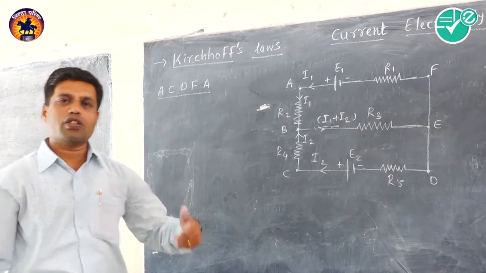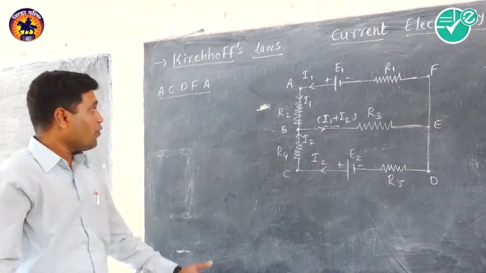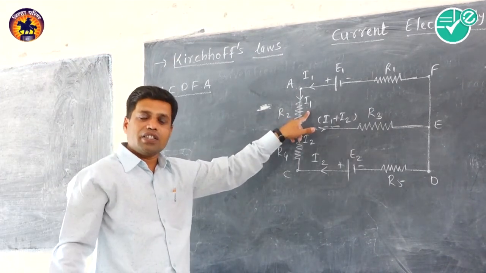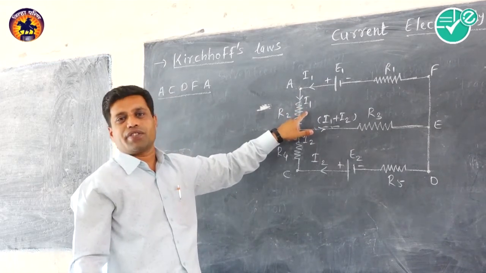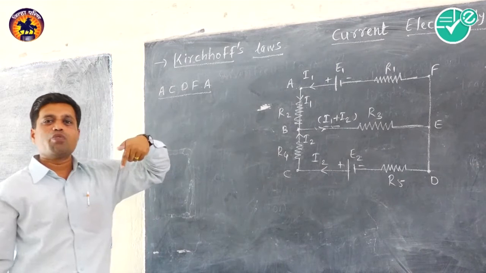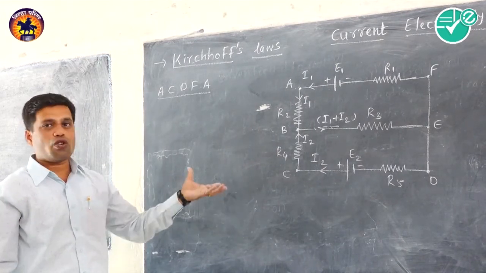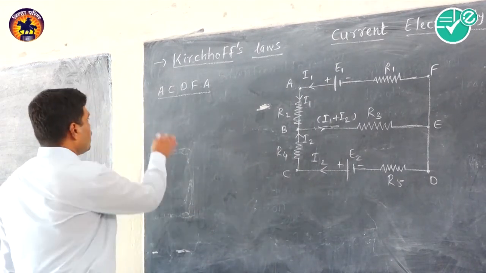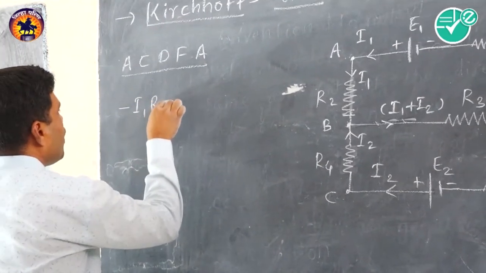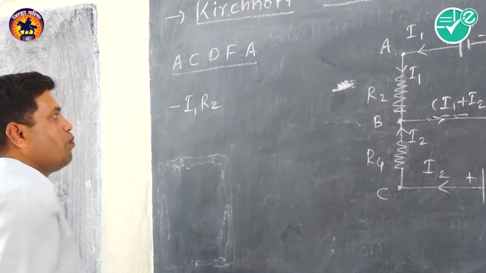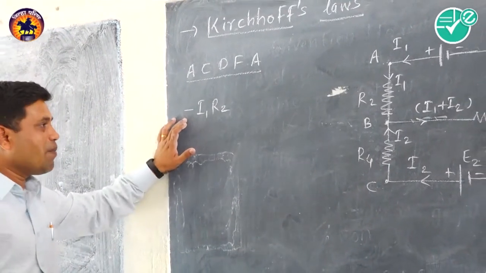Means the direction of tracing the loop and the direction of the current are the same. Therefore the first IR drop, that is I1 into R2, will be treated as minus because the current is moving in the same direction as the direction of tracing the loop.